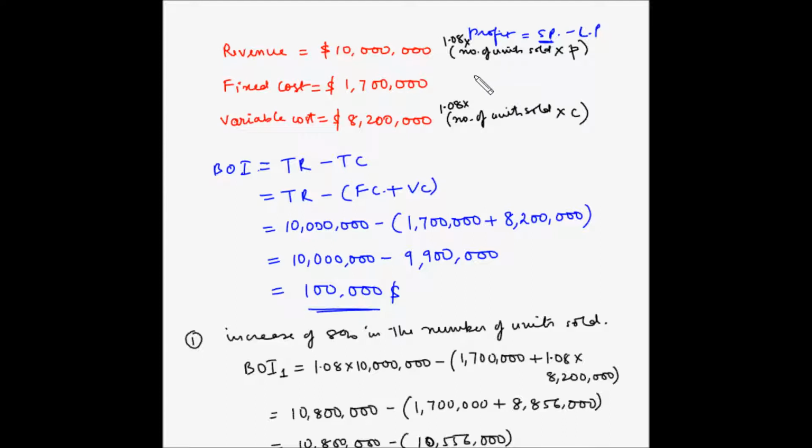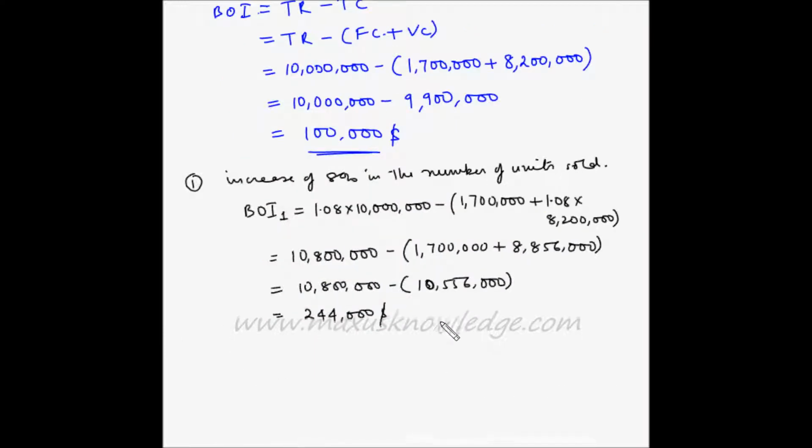A lot of companies do this: when they do not want to increase the unit price that they are selling to the customers, they want to increase the volume that they are selling. So they try to find more and more markets where they can sell their products, which will eventually increase their revenue as well as their variable cost, and will turn out to increase their operating income.